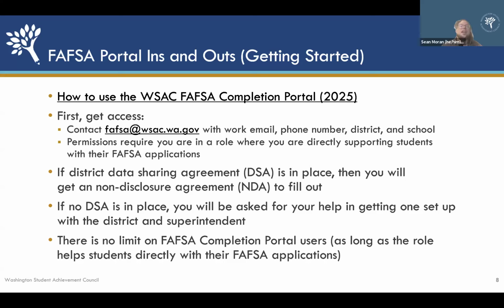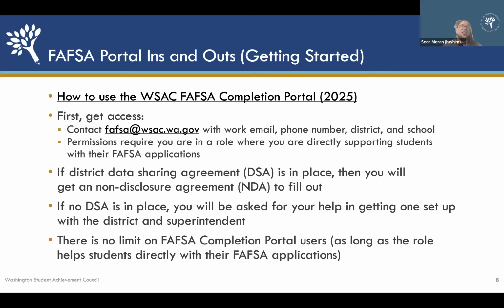So, first is how do you get access to the FAFSA completion portal? You get access by contacting FAFSA at wasac.wa.gov with your work email, phone number, district, and school. Permissions do require that you are in a role where you are directly supporting students with their FAFSA applications.